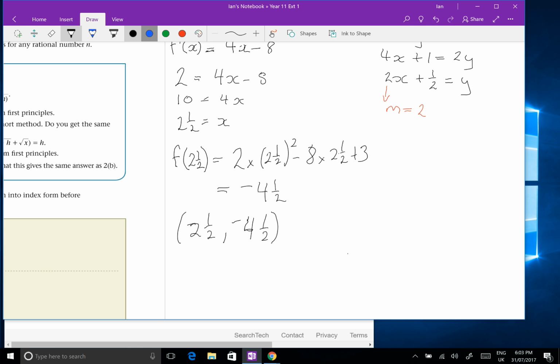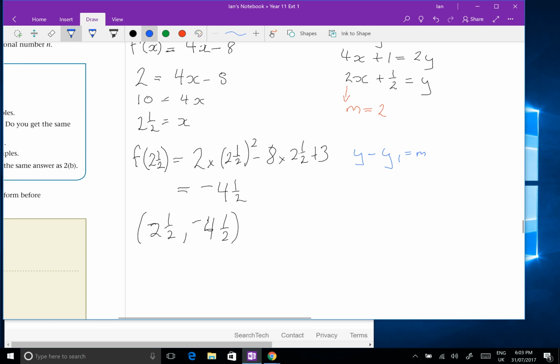And now I use my y minus y1 equals m outside of x minus x1. And it's y minus -4.5. Sorry, it'll be plus because it's minus minus.